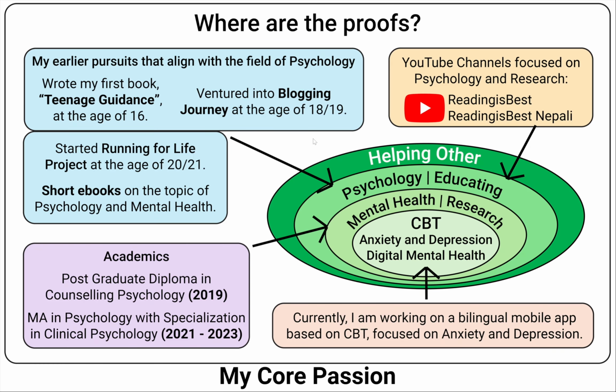Personally, looking back at my nature, my personal projects, my interests, and my intellectual pursuits, I firmly believe that the field of psychology and mental health is my core passion, and I am currently specializing in it, but with my own personal flavor. For example, I want to combine psychology and mental health with science and technology to resolve the challenges in the field of psychology and mental health.